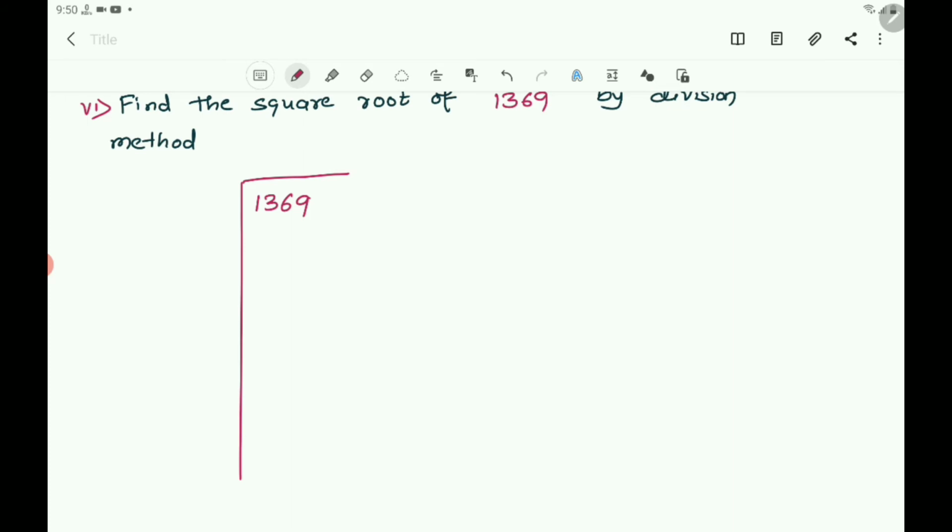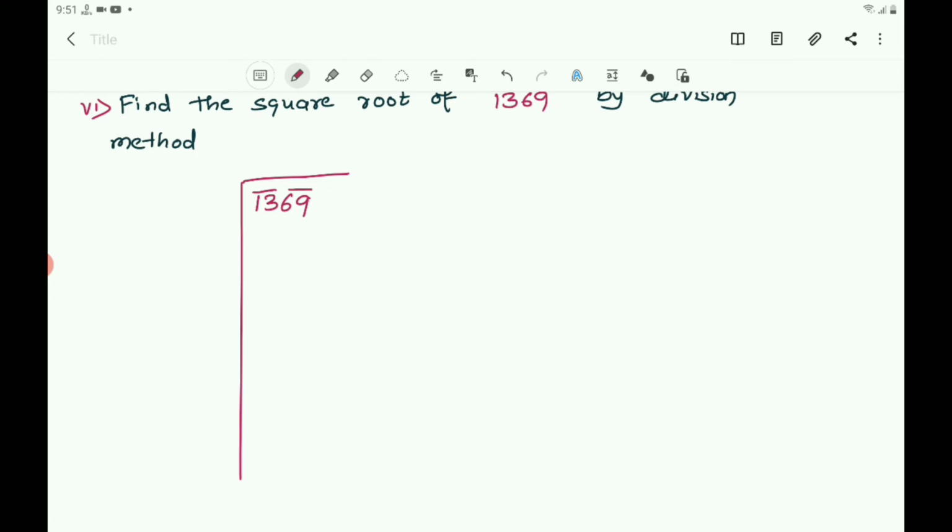And put the bar for 69, 1 bar, for 13, 1 bar. So you consider the first group, that is 13, and find the nearest perfect square to it. Know that 1 square is 1, 2 square is 4, 3 square is 9, and 4 square becomes 16. It is more.